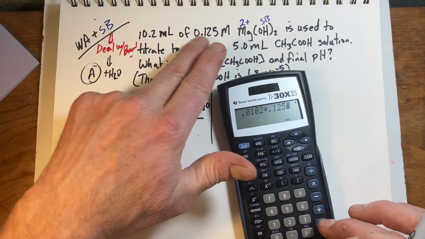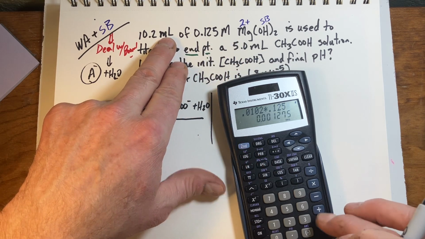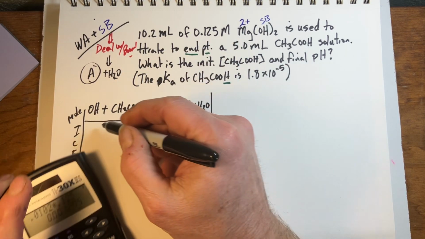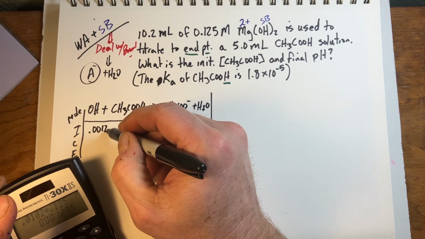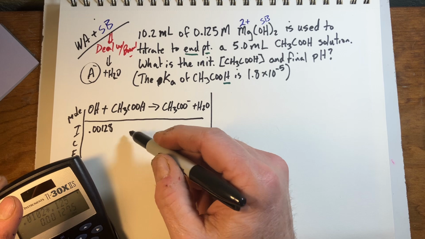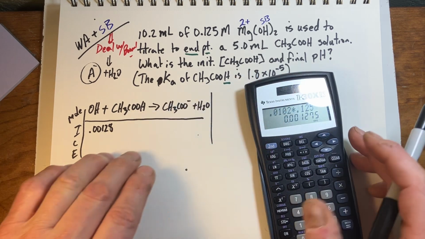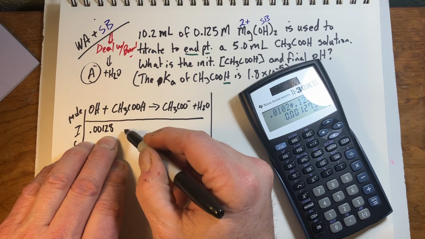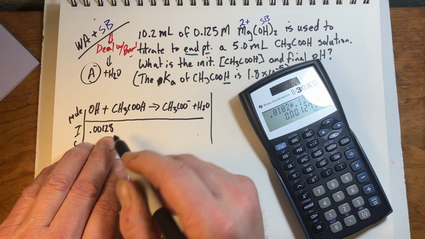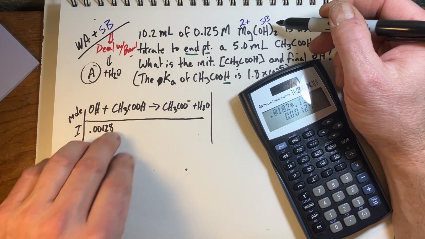Molarity times volume in liters gives our mole amount. So we're going to have 0.00128. I'll say, just for space here, it's 0.001275, but for the sake of the calculation, we'll round up. Now we know this. I think I've already made a mistake.